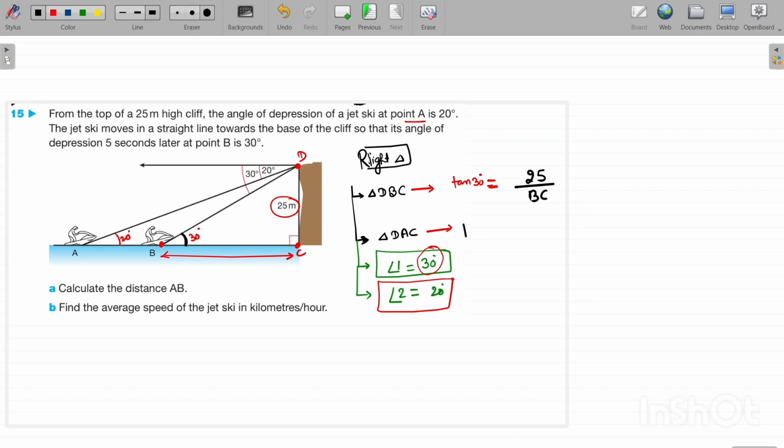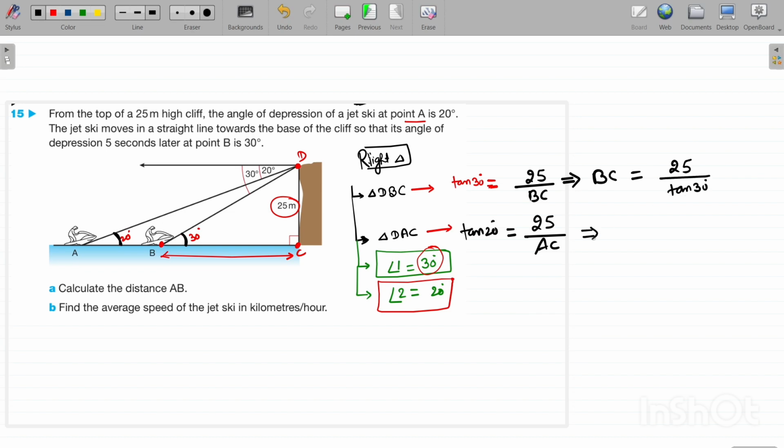Princess, you have to apply tan 20 in the triangle DAC. What should it be? In this triangle DAC, you have to apply tan 20. 25 over BC. No, AC, sorry. AC, correct. So, Abdullah, can you find BC from your equation? So BC should be what? 25 upon tan 30, right?